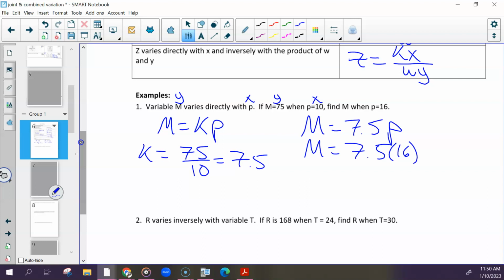So after we find k, these numbers no longer matter. The only one that still matters is the k. So what would your m be? 120.